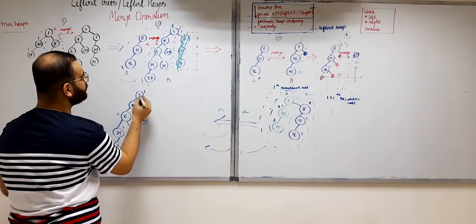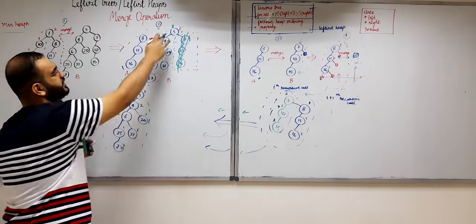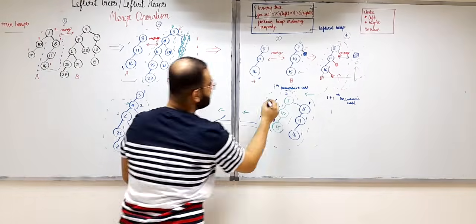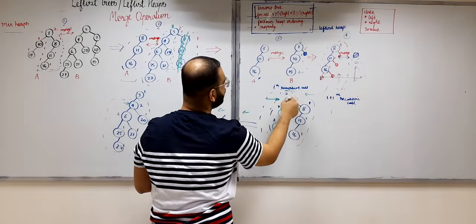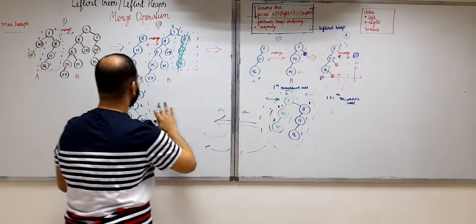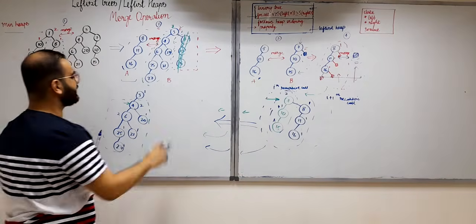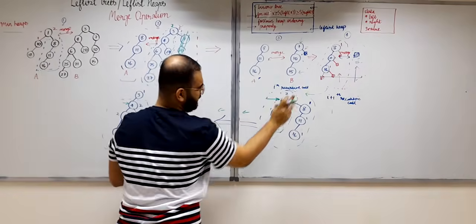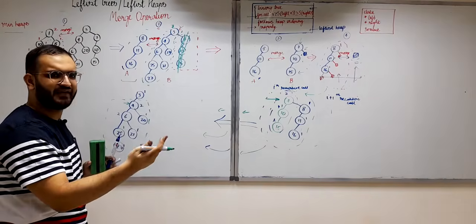Compare the S value of the root of the left subtree, that is 4, and the root of this leftist heap. So we compare their S values. Both their S values are 2. The S value of 4 is also 2 and the S value of 7 over here is also 2. So their S values are equal.